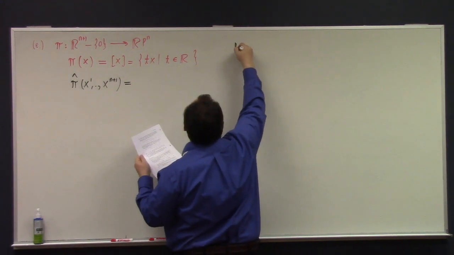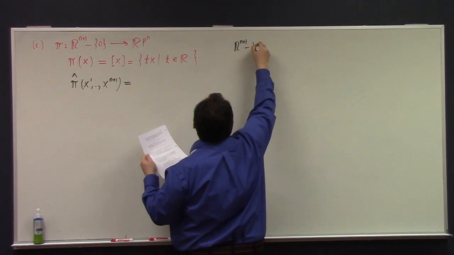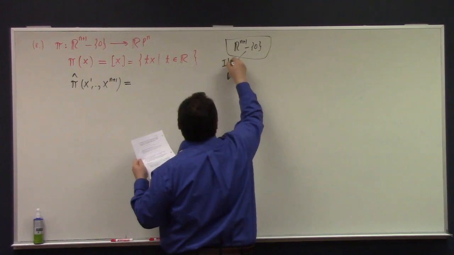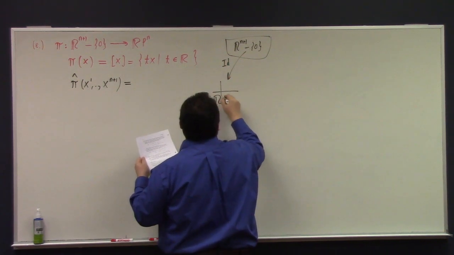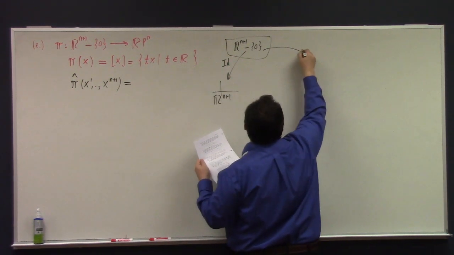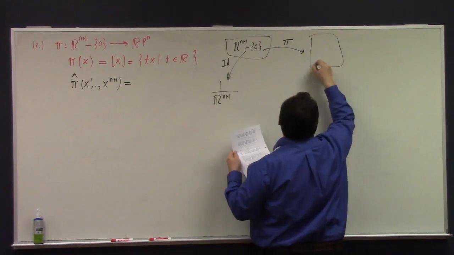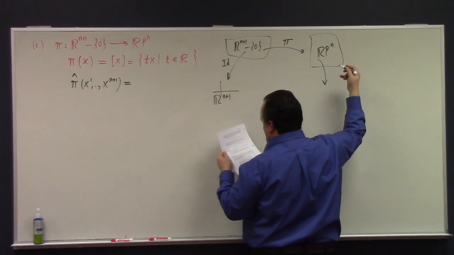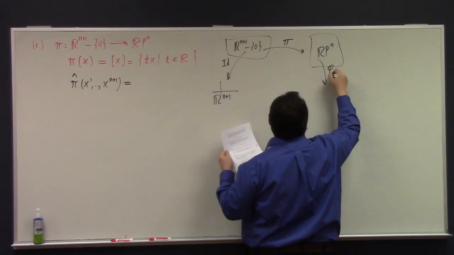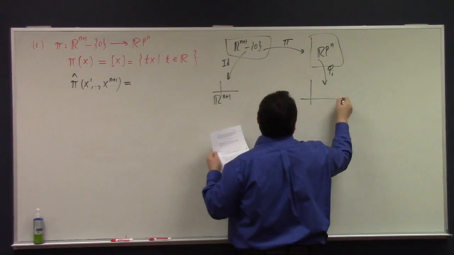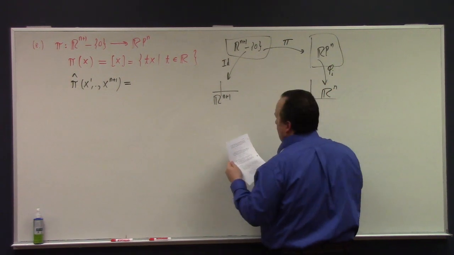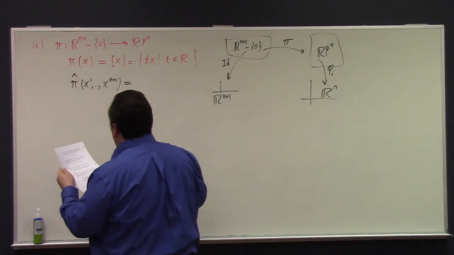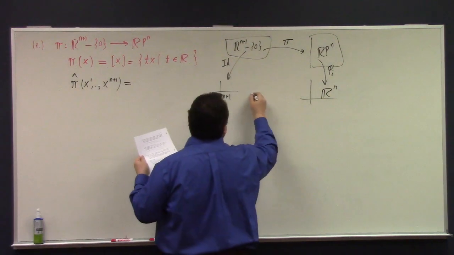So here you've got R^(n+1) without 0 up here. And then you've got the identity down here to R^(n+1). Over here, we've got pi to RP^n. And then we've got the coordinate chart, whatever I guess he uses phi for those. And down here, it's n-dimensional. So the map down to this is the pi hat he speaks of.